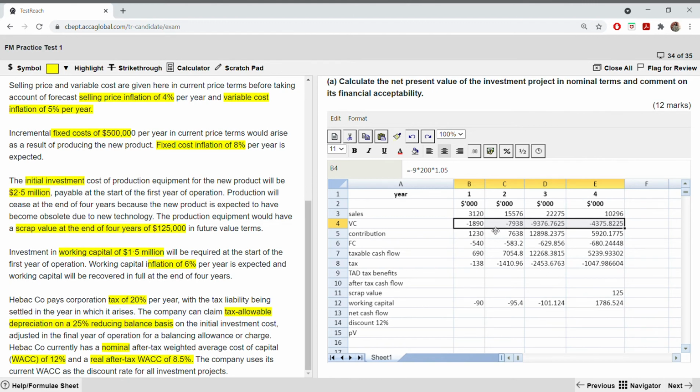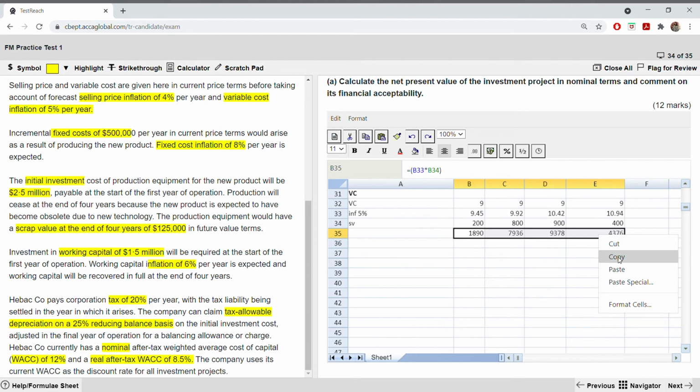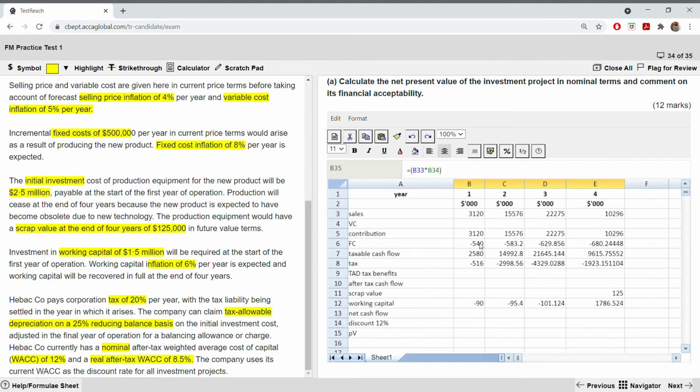Just make sure that you remove this. Okay, this is not in minus.